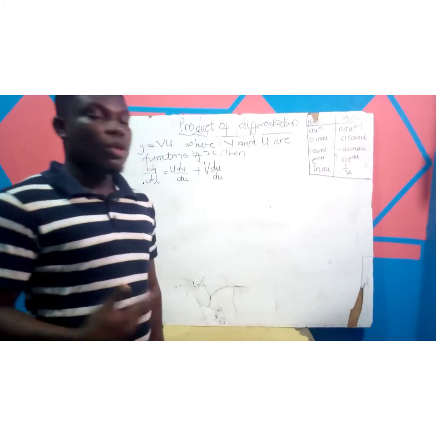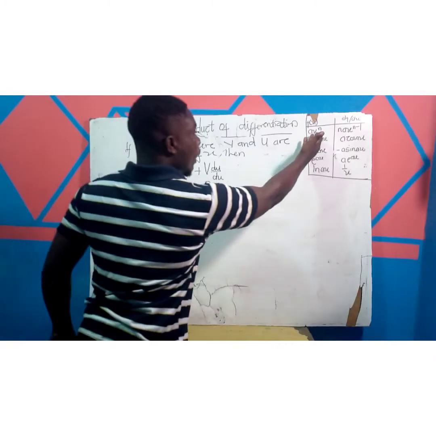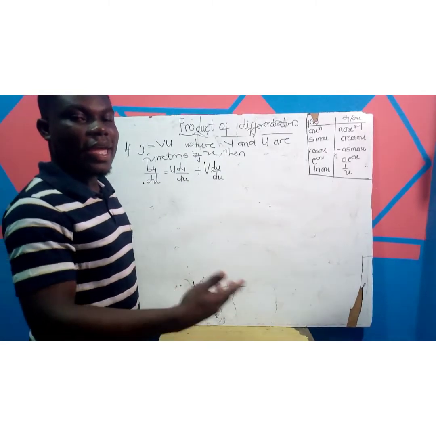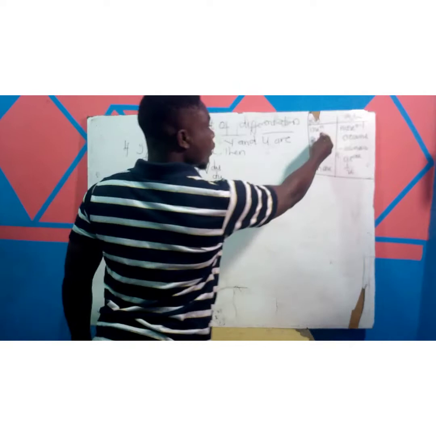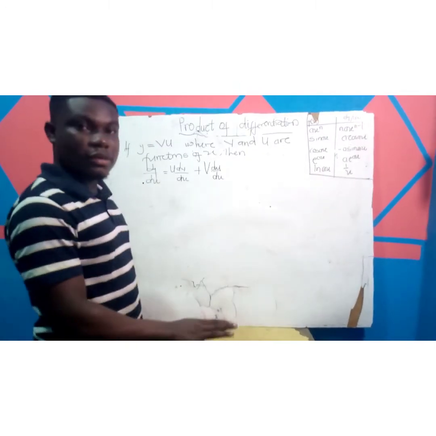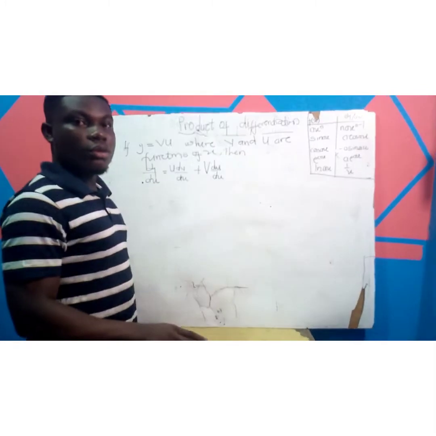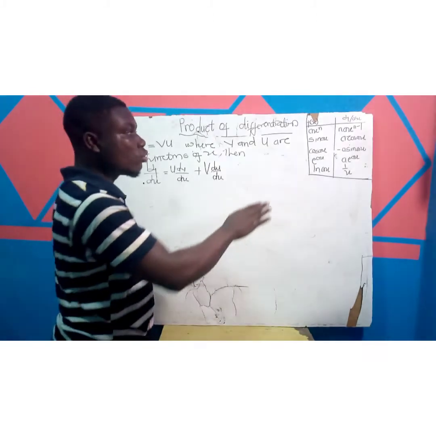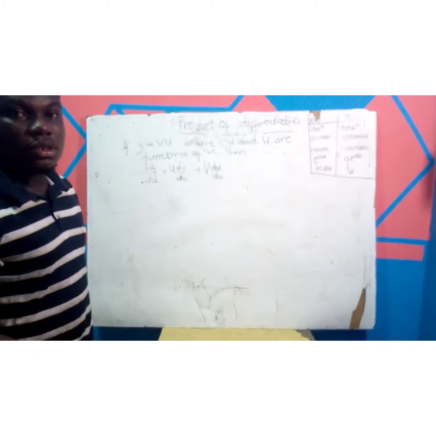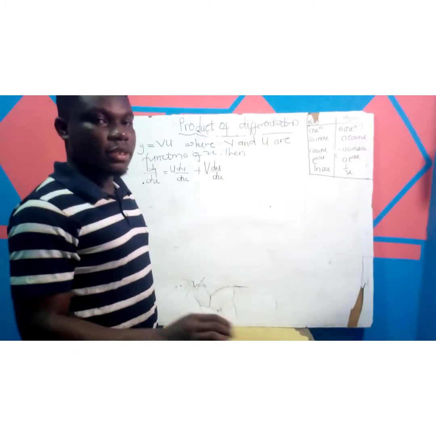In Introduction to Differentiation, we learned first order differentiation, how to differentiate. We learned that if you have a function in the form ax^n, to differentiate it you multiply the coefficient by the exponent, then reduce the exponent by 1. Differentiating sin ax gives cos ax.